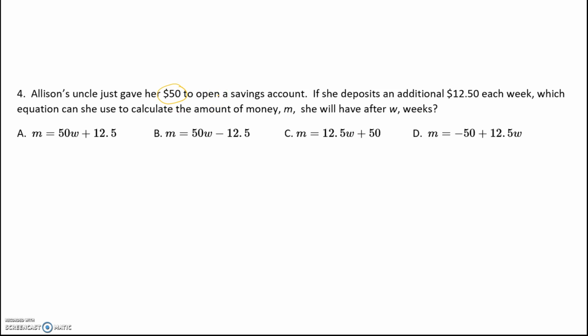That's how much money she's starting out her savings account with. And then she's depositing, right? Positive, an additional $12.50 each week. Which equation can be used to calculate the amount of money, M, that she'll have after W weeks?